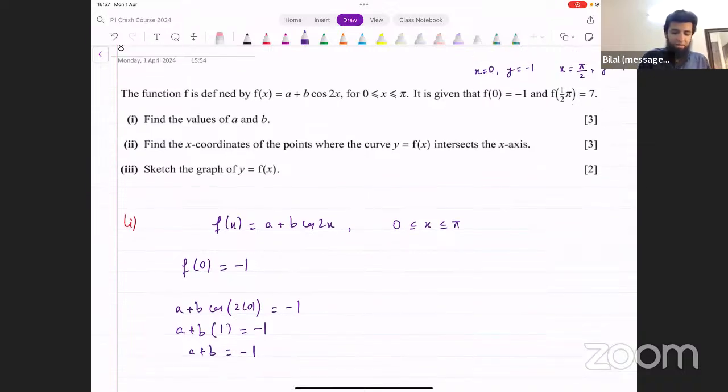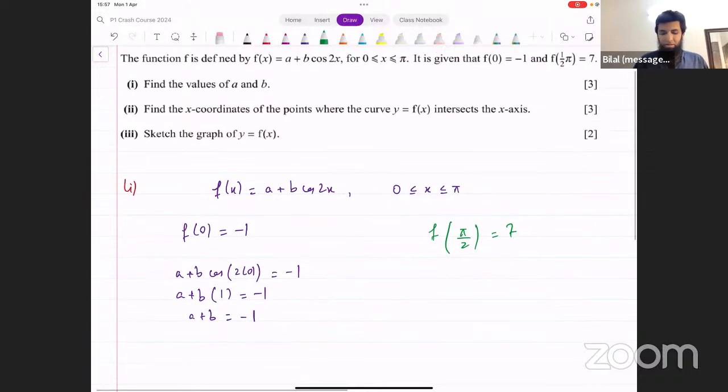I've input x equal to 0 and y equals -1 here, and now you input x equal to pi over 2 and y equal to 7. So f of pi over 2 should equal 7, and that will give you a plus b cos of 2 times pi over 2, that's just pi, equals 7.